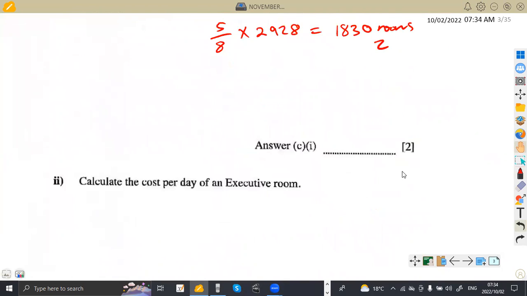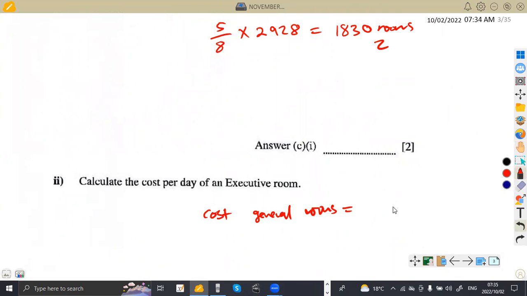We obtained 1,830. So the cost for general rooms is going to be, in this case, remember, that is from the number that we have, because we need per day, but we can calculate for the total of these rooms that we have here, because we can multiply to the total that we have.